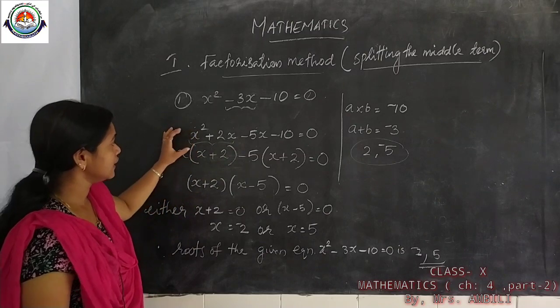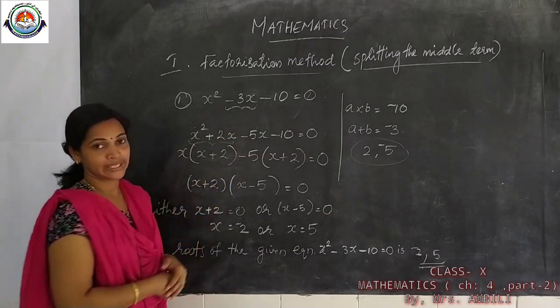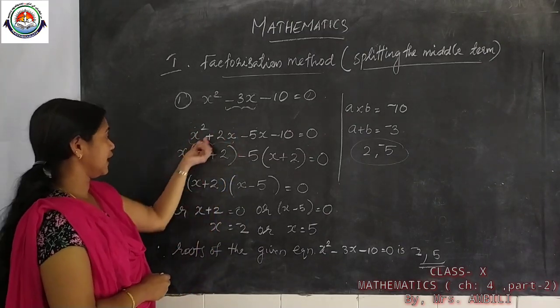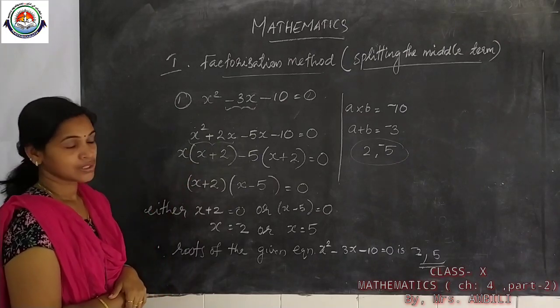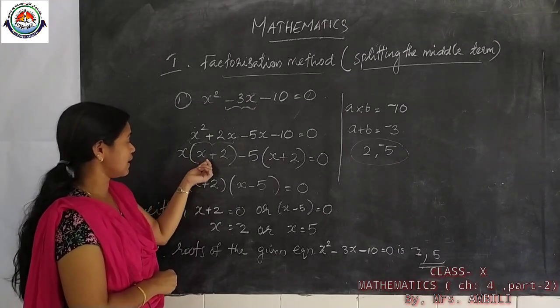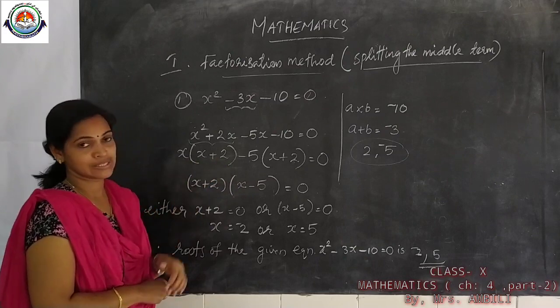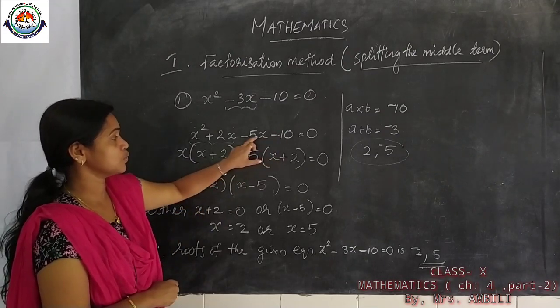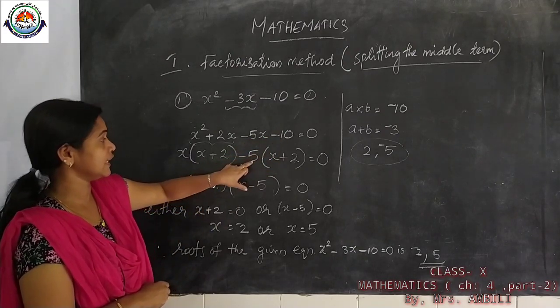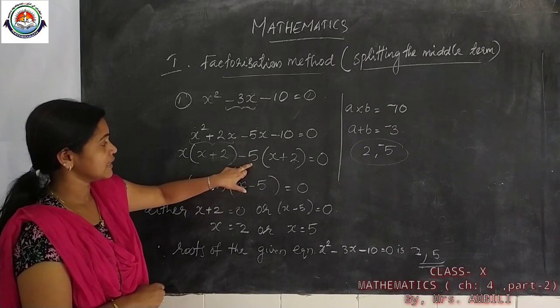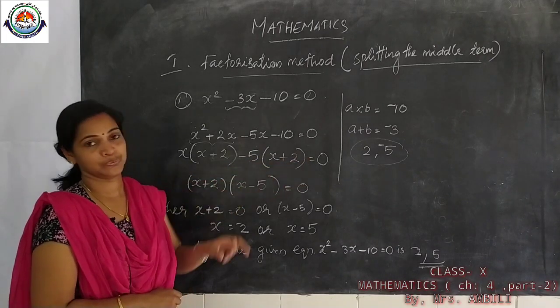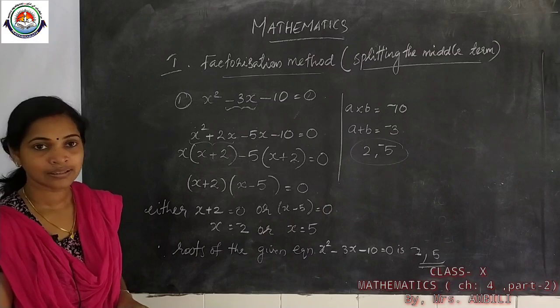And again we are taking first two terms together. From that we are taking x as common factor. So, if we are taking x outside, what we will get? x plus 2 inside, then minus. From these two terms we are taking minus 5 outside. So, minus 5 into x plus 2 equal to 0. Clear?